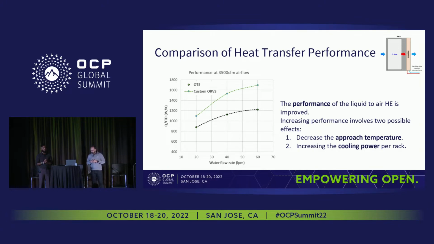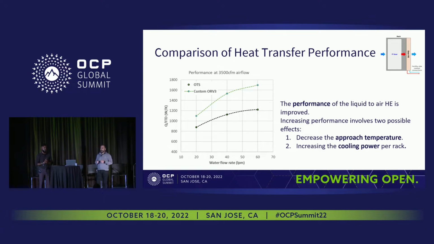Why is this very important? Because the better the performance is, the more we will be able to increase the water supply temperature, and so more hours per year of free cooling without help from chillers and so on. This is an important point.